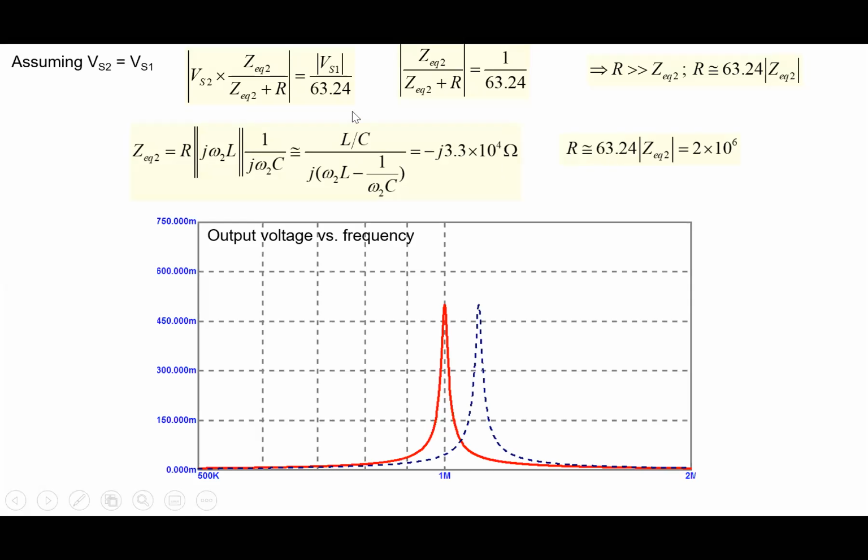Basically, once you have that using those equations, the value of R that is required is 2 megaohms to obtain a circuit which will accept the 1 megahertz signal and reject the 1.1 megahertz signal by a factor of 1000. And if your interest is in accepting 1.1 megahertz, then you can change the capacitance and tune the circuit so that it gives a peak at 1.1 megahertz, and then it will reject the 1 megahertz signal.